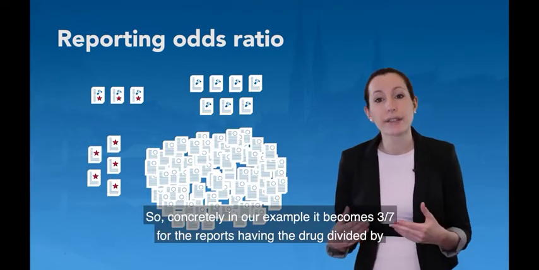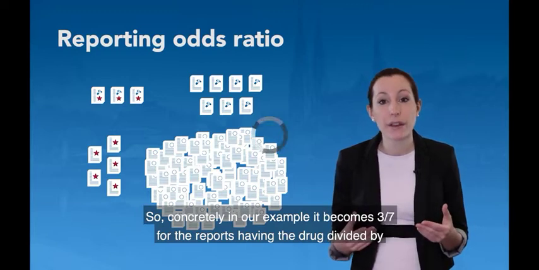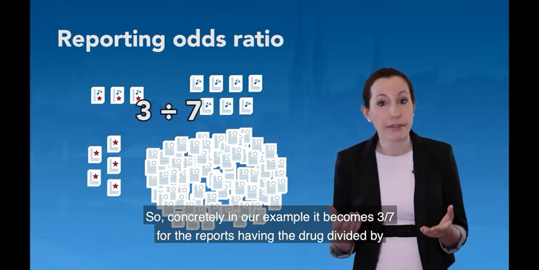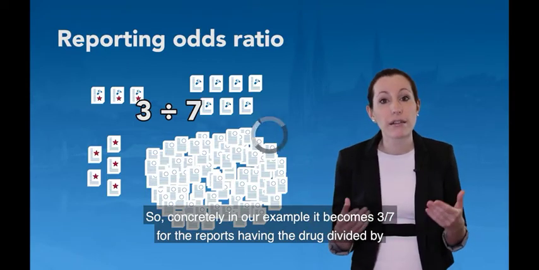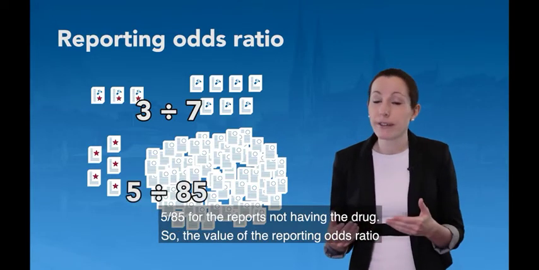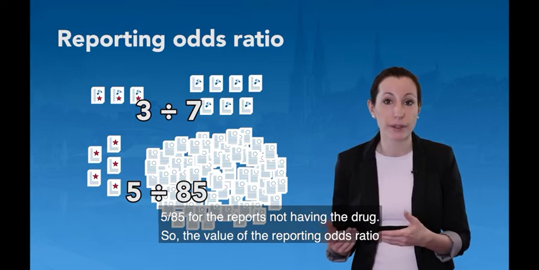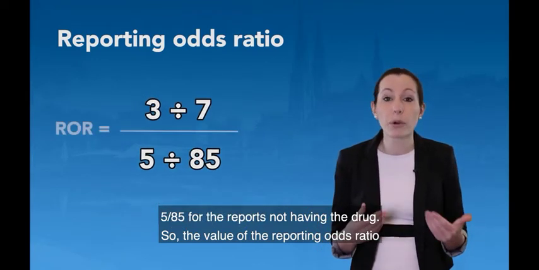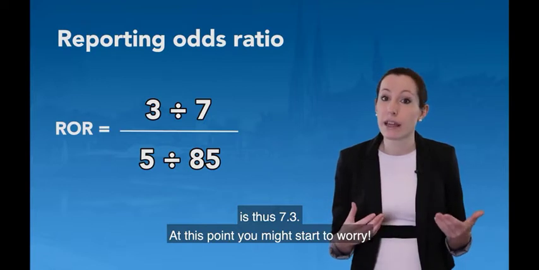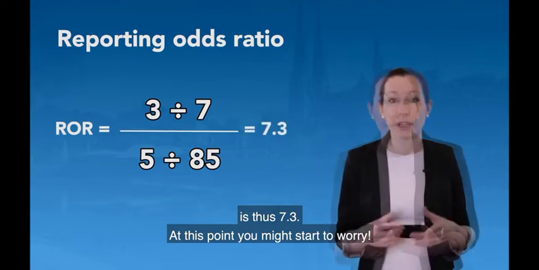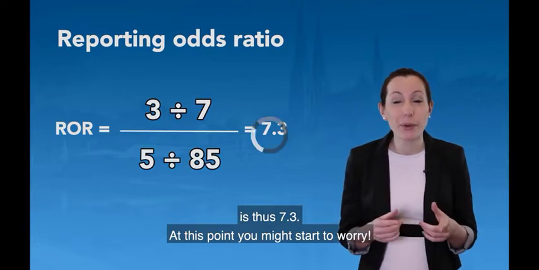So concretely, in our example, it becomes 3 against 7 for the reports having the drug, divided by 5 against 85 for the reports not having the drug. So the value of the reporting odds ratio is thus 7.3.